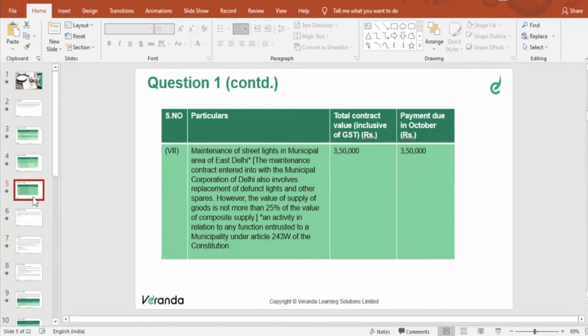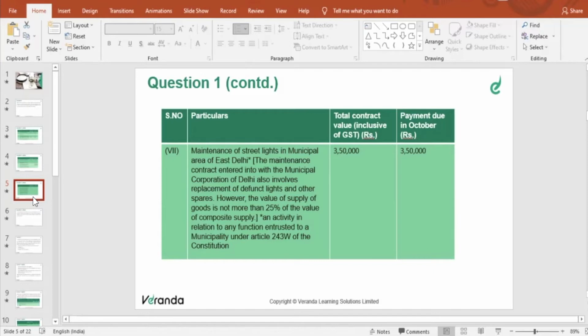However, the value of supply of goods is not more than 25% of the value of the composite supply. Again, it has been given the municipal corporation, the municipal area of East Delhi, which is an activity in relation to any function entrusted to a municipality under Article 243W of the Constitution. The total contract value is 3,50,000 and the total payment is due in October.